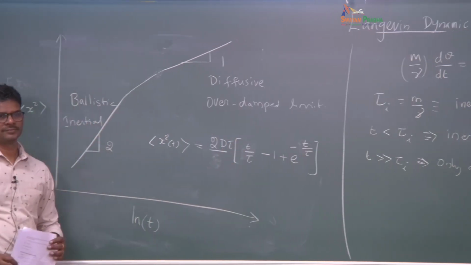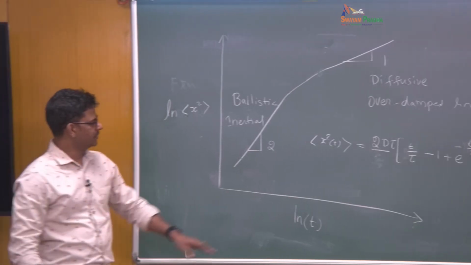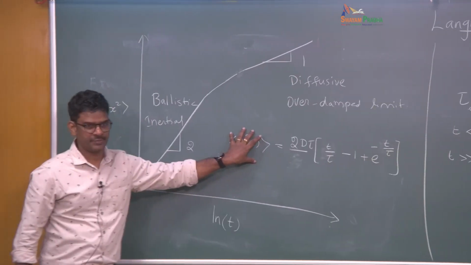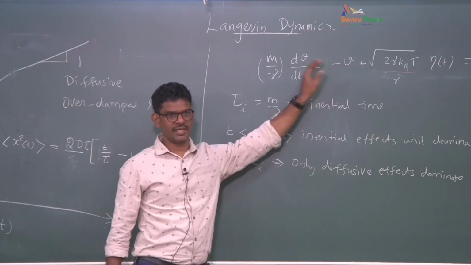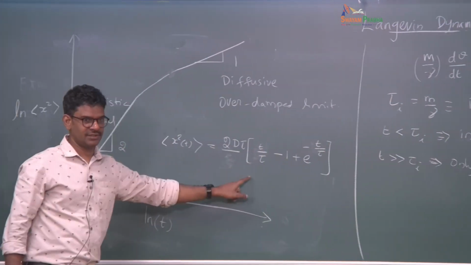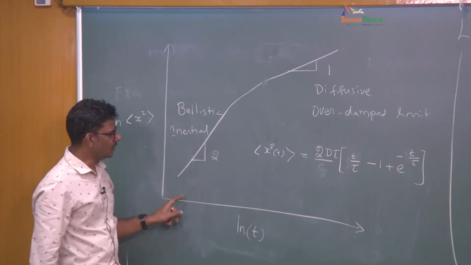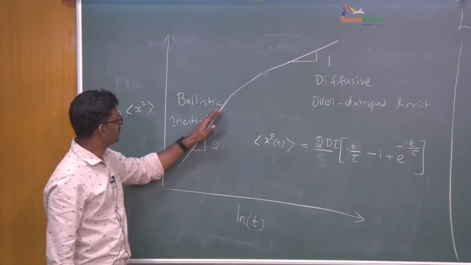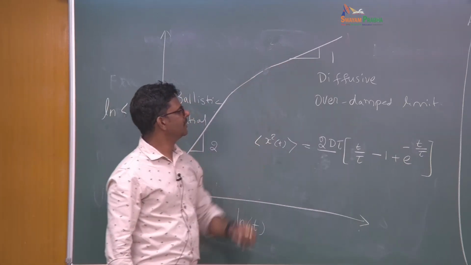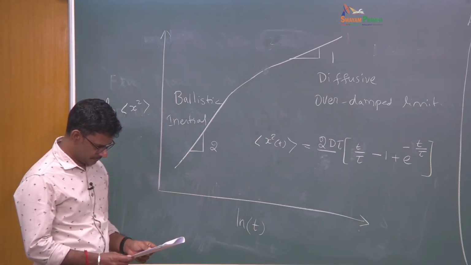This is the analytical result for the mean square displacement when you analytically solve this full equation. If you plot this function, you see a ballistic regime, and subsequently it goes to a diffusive regime.